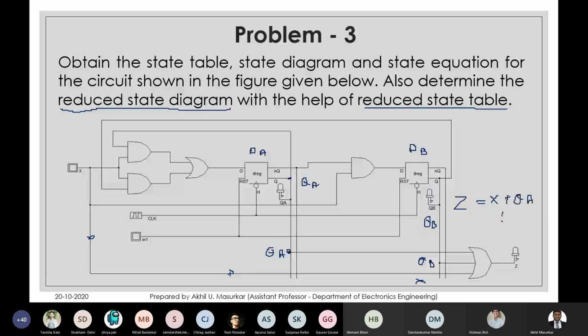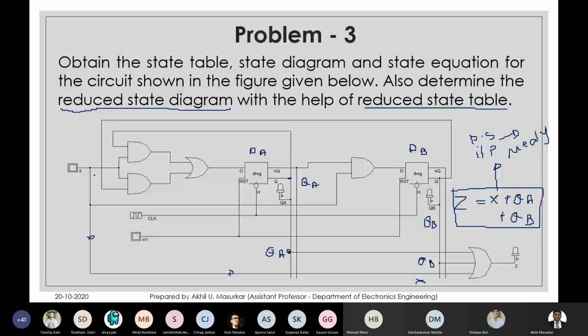That is the value of my Z. From this Z, like you all rightly said, Z depends on the input, that is, the present state and input. Hence, it's a Mealy circuit.